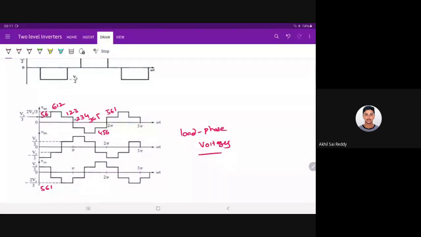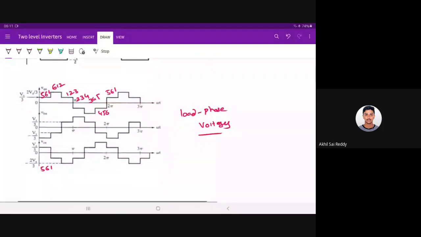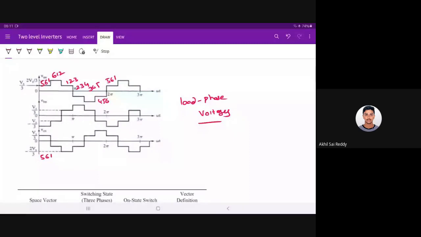So these are the switching labels. We already discussed these things, right? We define two switching states, one is the P state, and we define the zero switching state. P means the upper switch is on, and zero means the upper switch is off, or the bottom switch is on, right?